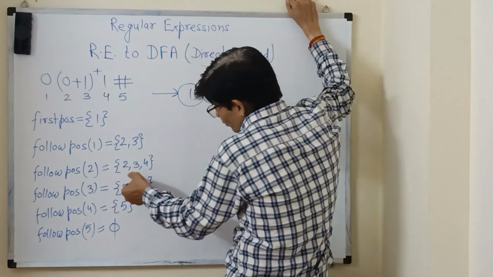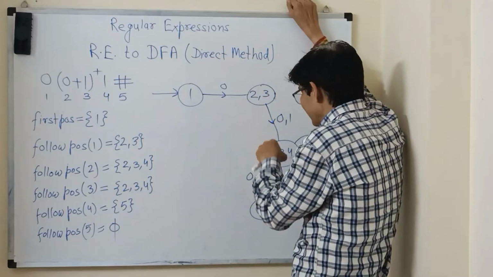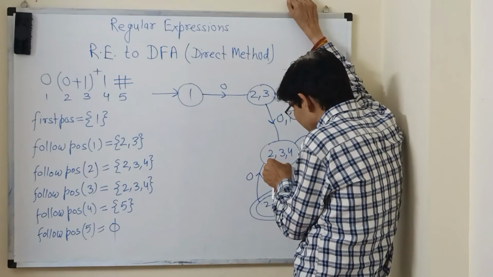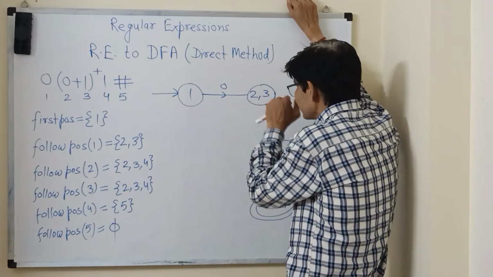Follow of 2 is 2, 3, 4. This state has not been created here, so we will create one more state here, 2, 3, 4, and this would be the zero transition from this state.